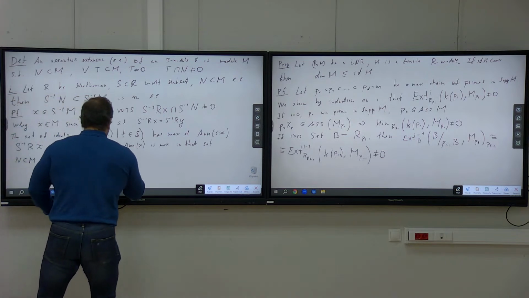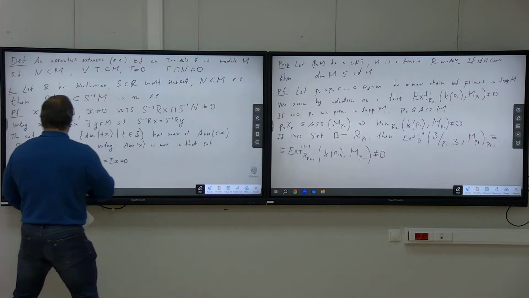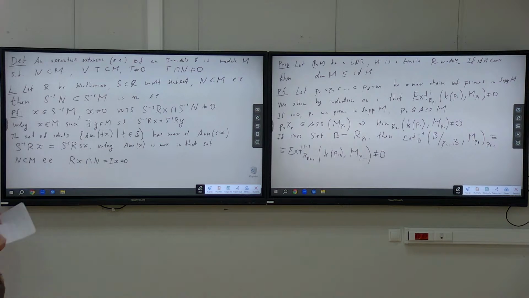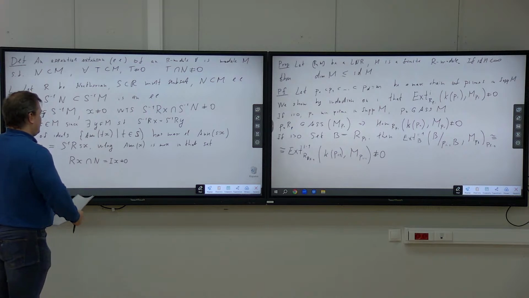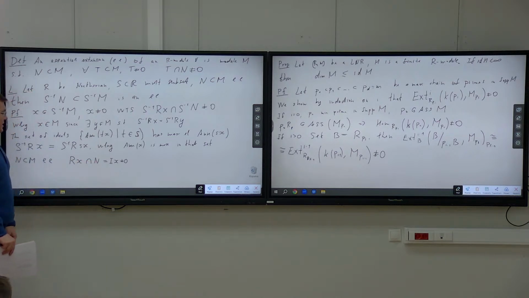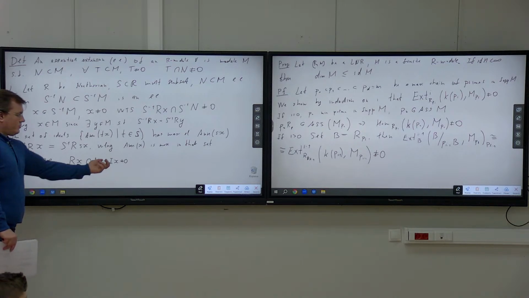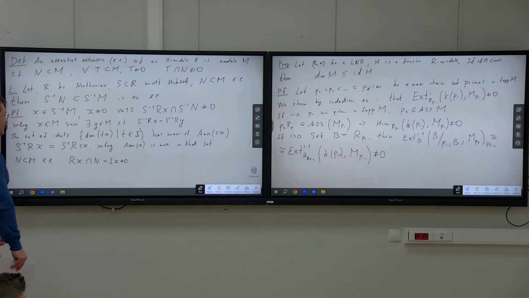This is non-zero because it's an essential extension. Why is it of such a form? It's a simple exercise: if you have little r times x there and multiply by another element, it is still of the right form, so it forms an ideal.